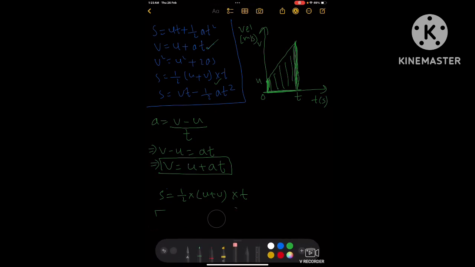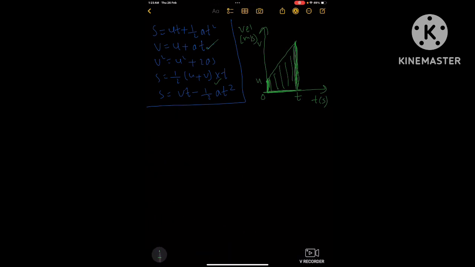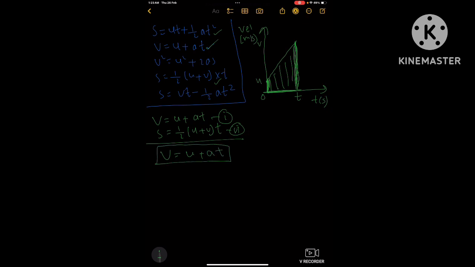Now let us derive the third one, s equals ut plus 1/2 at squared. For that, you'll need these two equations: v equals u plus at, equation 1, and s equals 1/2 (u plus v) t, equation 2.